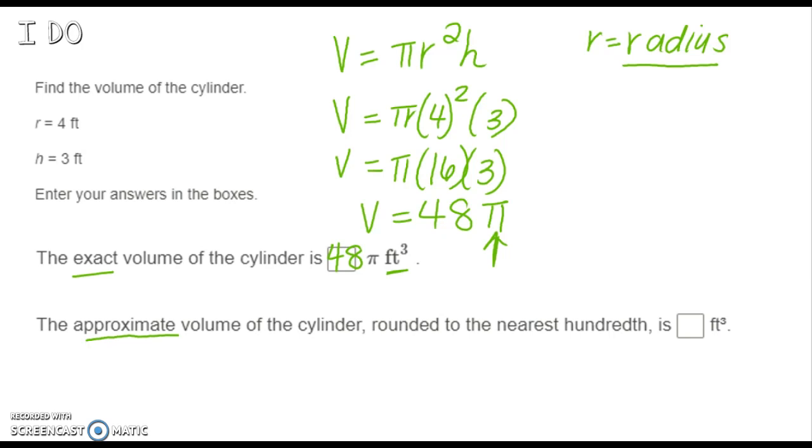But if you hit that pi button, it will give you this very long decimal answer that we're going to round to the nearest hundredth. So you would be looking at 150.80 feet cubed. That would be our approximate volume.